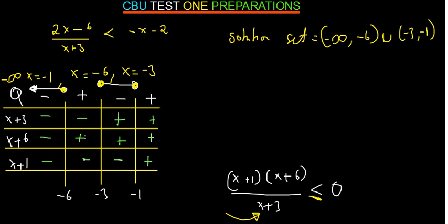So even if it's like that, I will not shade at negative 3, but I'll shade at other values. So the solution set would have been from negative infinity up to negative 6, with a closed bracket at negative 6, and then union, negative 3 with an open bracket, and then negative 1 closed. Now the badness is that if you put a wrong bracket where you're not supposed to put it, you're going to lose marks.